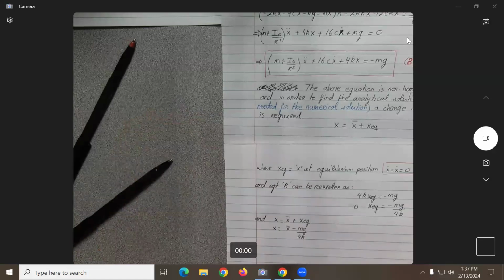Okay, so if we have x now equal to x bar over 4K, what would be x dot? What should be x dot? Should be what? X bar dot, perfect.